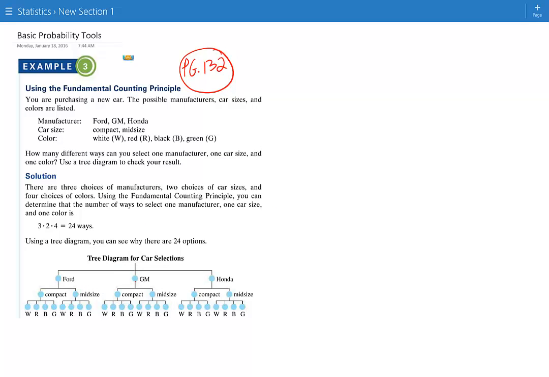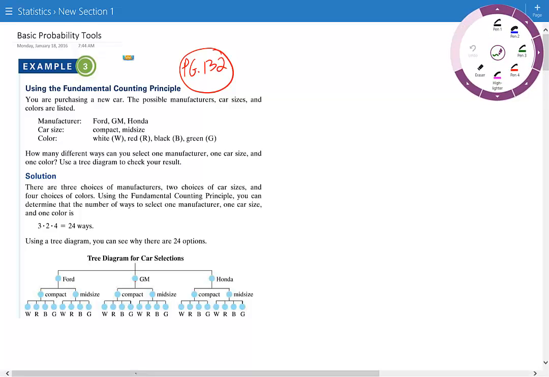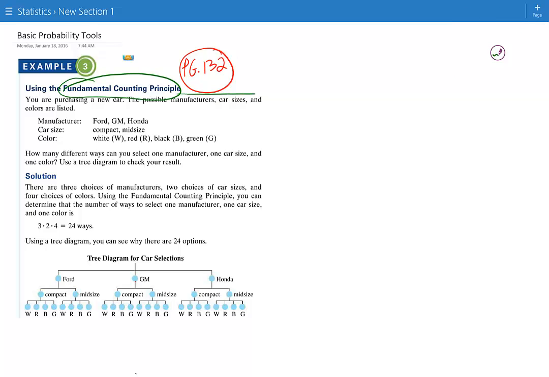All right, I want to take a minute to hit some of the high points in Chapter 3 on probability. And I just want to start with this example in the beginning of Chapter 3, where it talks about using this thing called the fundamental counting principle. What is that?